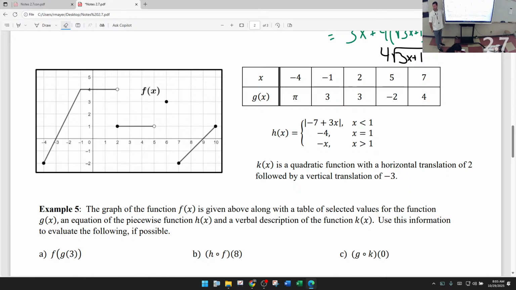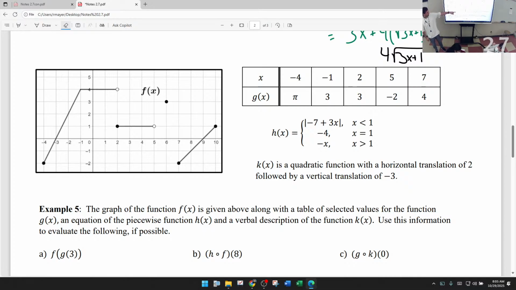That's a 5-piece function. There's G, which I don't know what that is. No, it's got a pi in there. And there's H, another piecewise function. It's got 3 pieces. Are you okay with all that? You've got to recognize which one's F, which one's G, and which one's H.